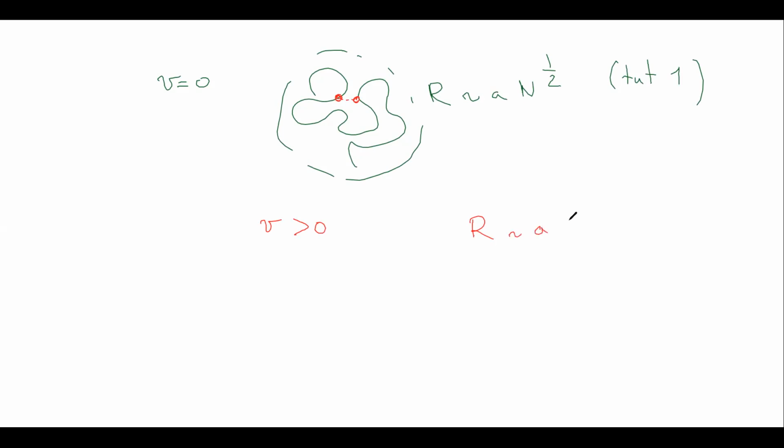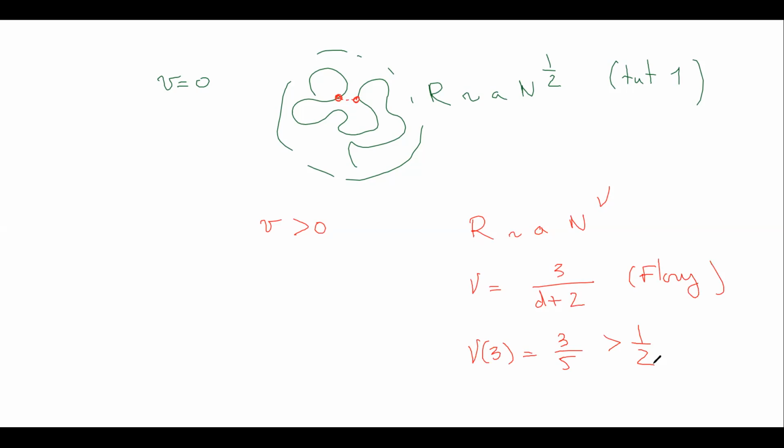In general dimension D, it was nu equals 3 over D plus 2. That was the Flory exponent. So nu in 3D is equal to 3 over 5, which is bigger than 1/2. Meaning that now your chain, and n is a very large number, so your chain is much larger.